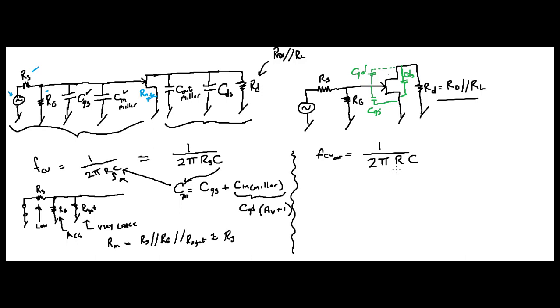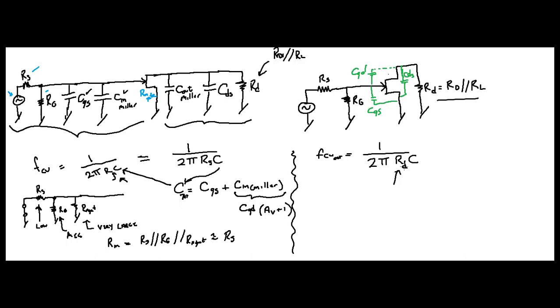Now your R is right here. That's basically what we call RD up here. It's your drain resistor in parallel with your load resistor. So I'm going to put a little RD there. That's basically what we're doing on that one.